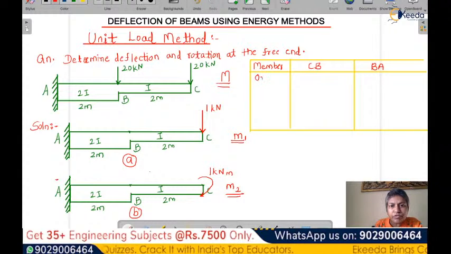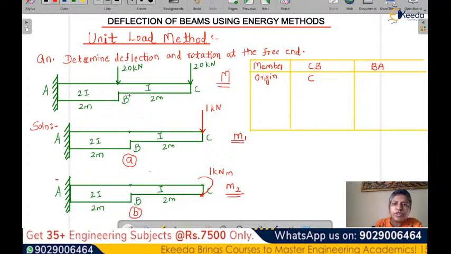Now what is the origin, the start point for the calculation? For the CB member, the origin will be C. For the BA member, the origin will be B.